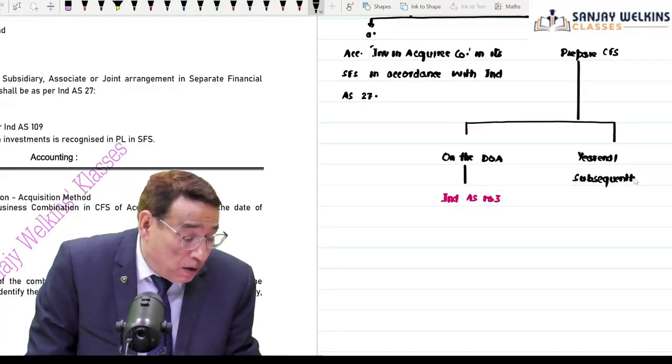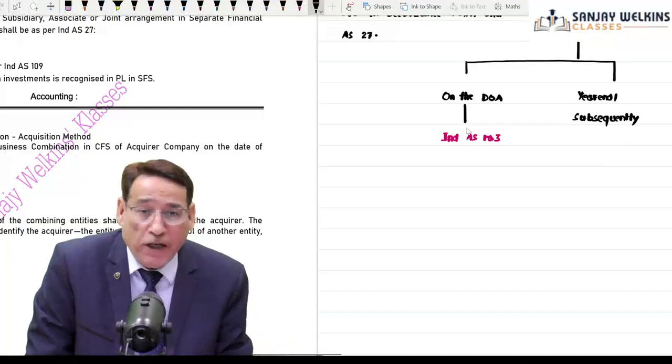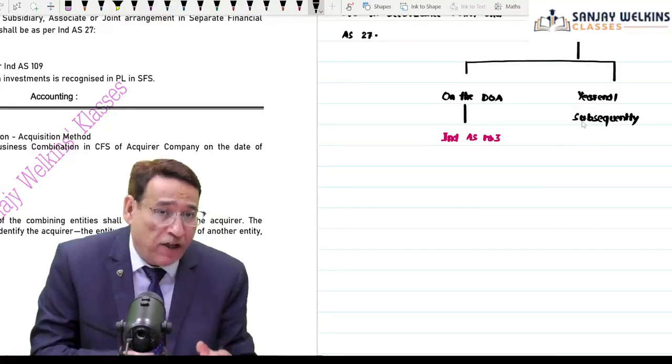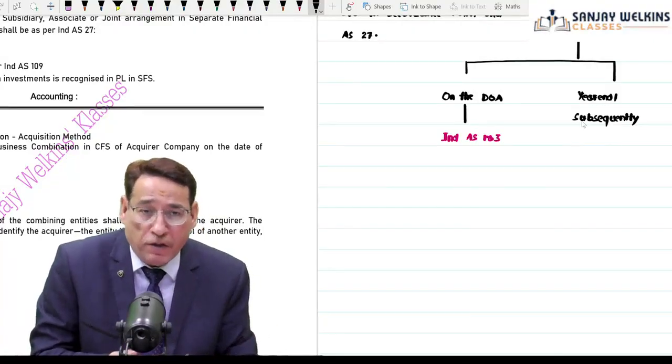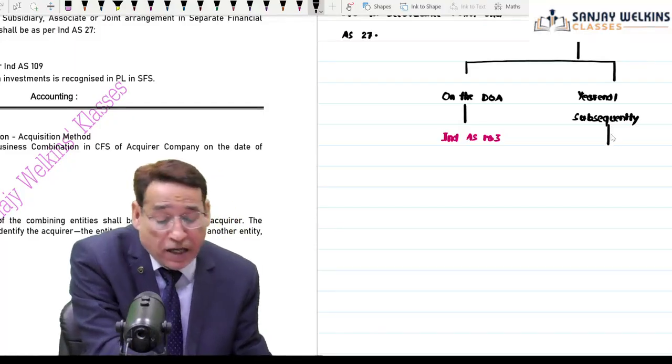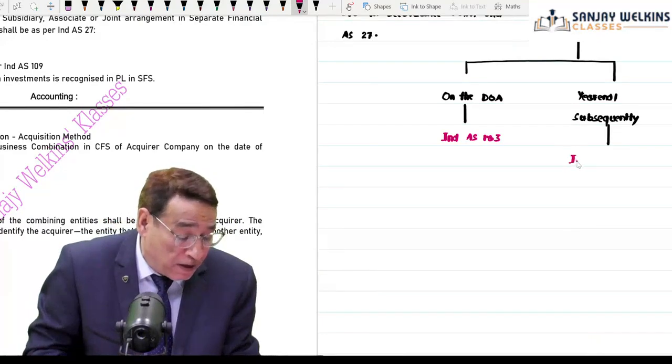So the consolidated financial statement on the date of acquisition will be prepared by applying the principles of Ind AS 103, but after that, whensoever we prepare the consolidated financial statement, we prepare it as per Ind AS 110.